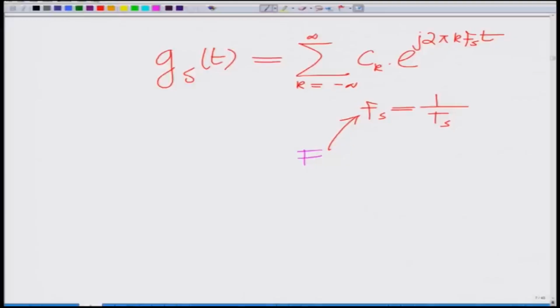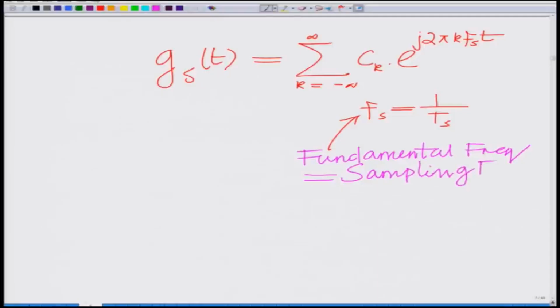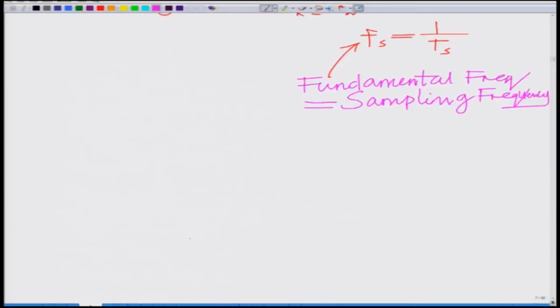So, the fundamental frequency equals the sampling frequency. And further, now we have to find this coefficient C_k.